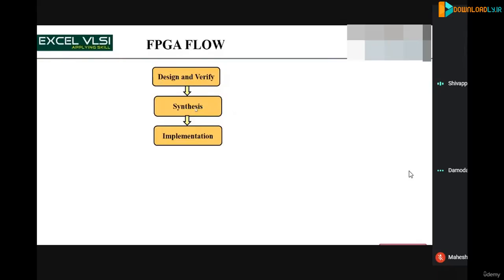For example, now you want to implement the design using a Xilinx FPGA. So then you do the synthesis using the Xilinx tool. Okay, and you do the implementation part of it. So basically, if you know the basics of an FPGA, it is already having the logic blocks inside. Okay, and you are fitting this design into your logic blocks and realizing the functionality.